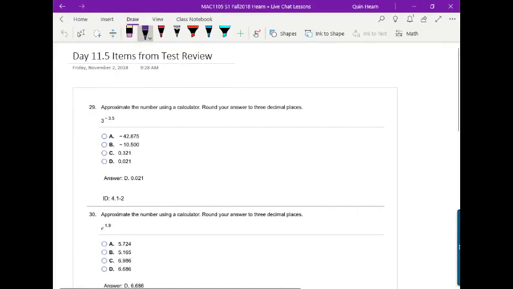One of the things that we want to make sure that you can do, so work on this at home with your calculator, is raise any number to any power. For example, in this case, they're asking you to raise 3 to the power of -3.5. If you're using the TI-30X2S, remember the power symbol looks like this.